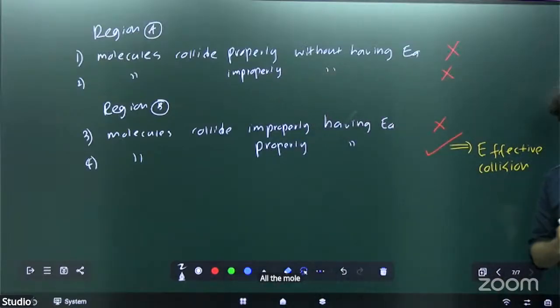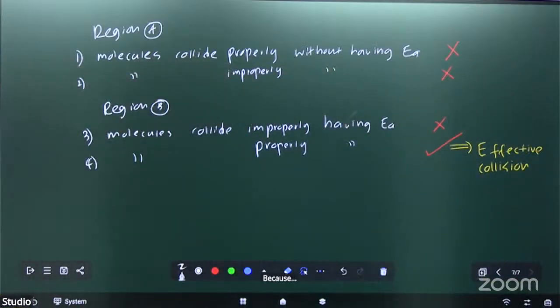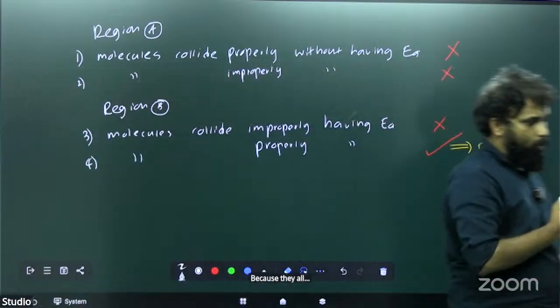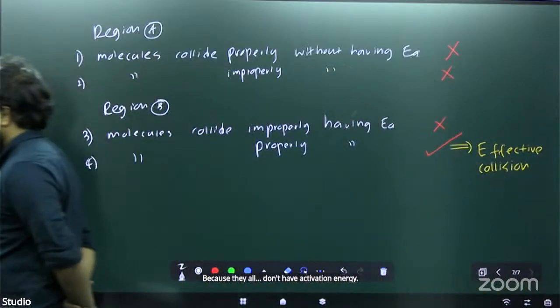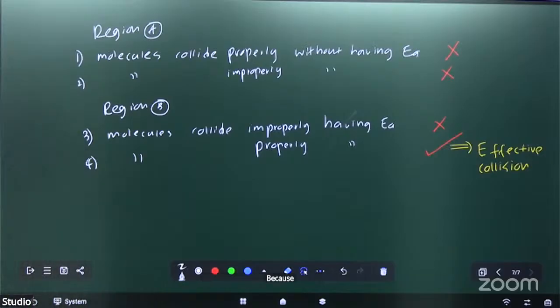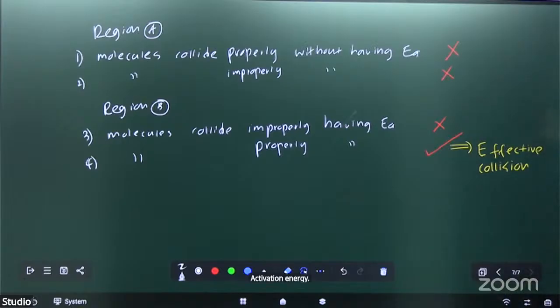All the molecules in region A do not convert to the product because they all don't have activation energy.